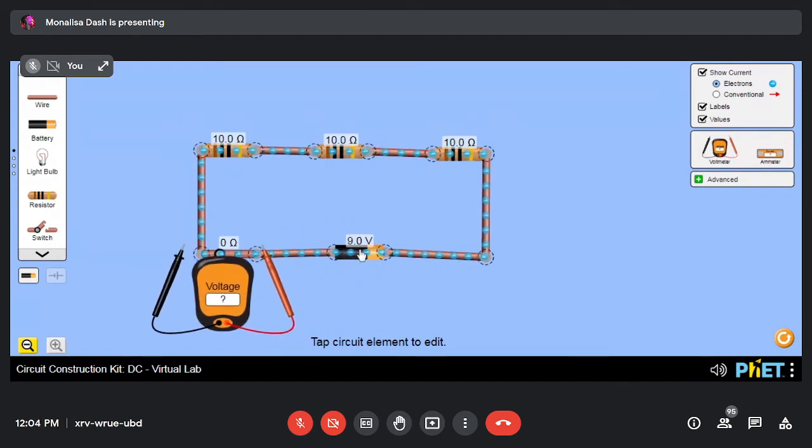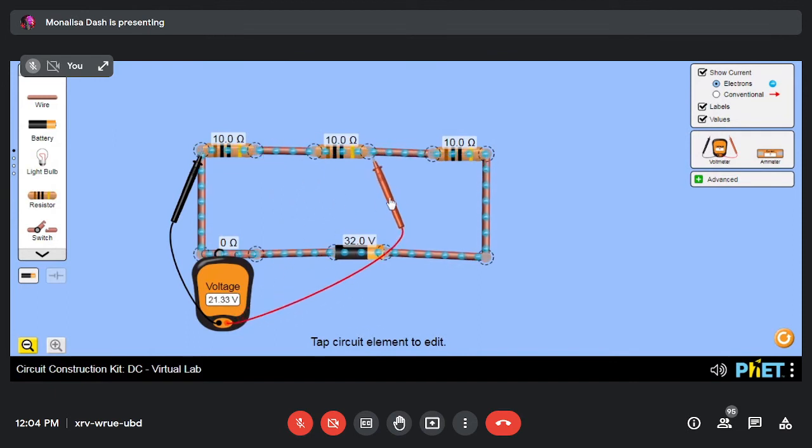How much voltage is there? I'm increasing the voltage a little bit. Suppose 32. Then what you have to do? You have to measure V1. How much it is coming? 10.67. Okay, you just remember it.